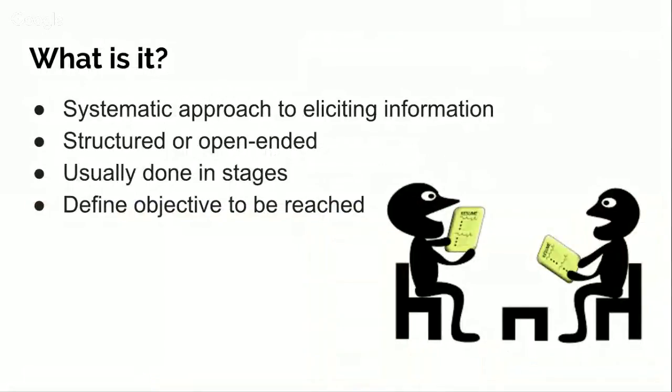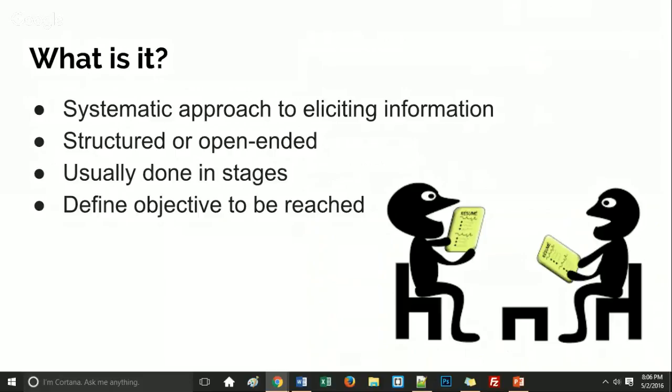So the first thing that we want to go over is what exactly is the interviewing elicitation technique. It's considered in the book and in Cleland-Huang's article to be one of the simplest yet most effective methods. The two most important points we could make are that there are two different types of interviewing.